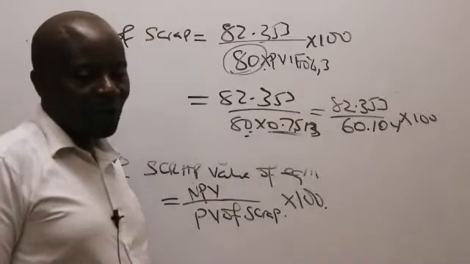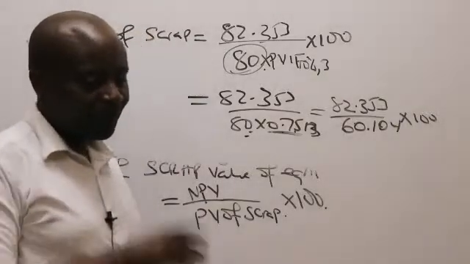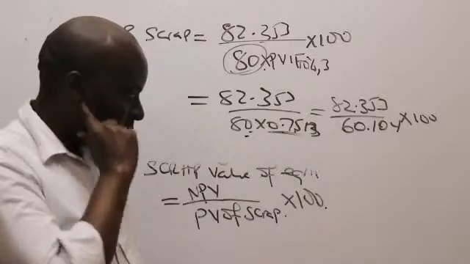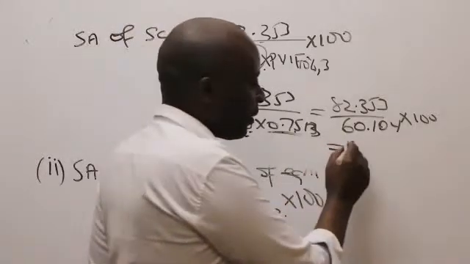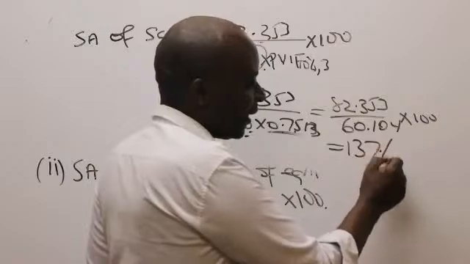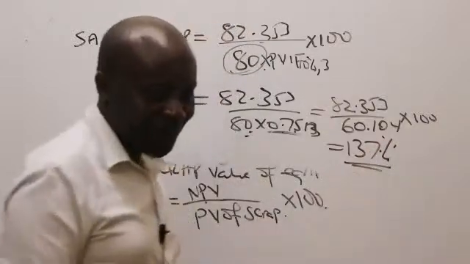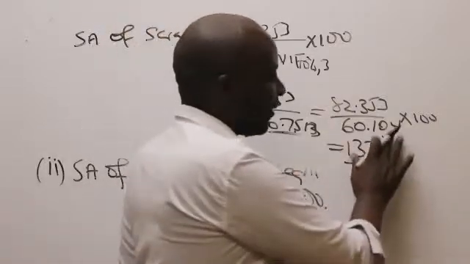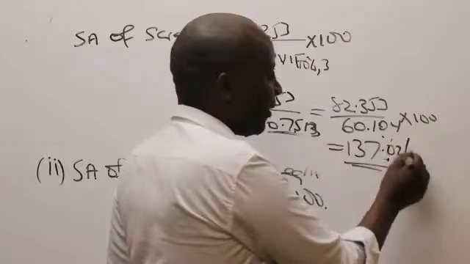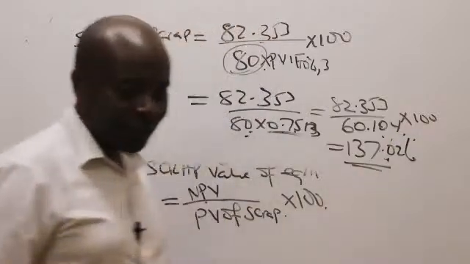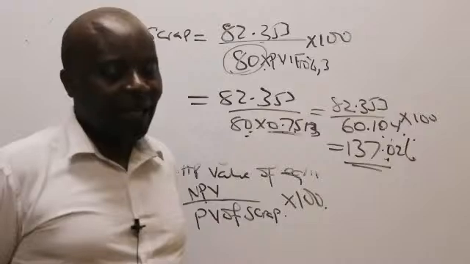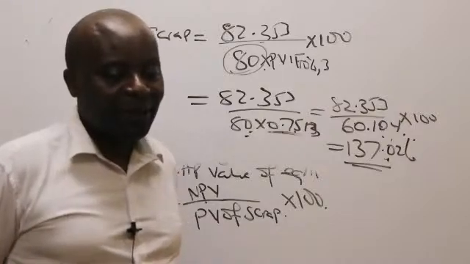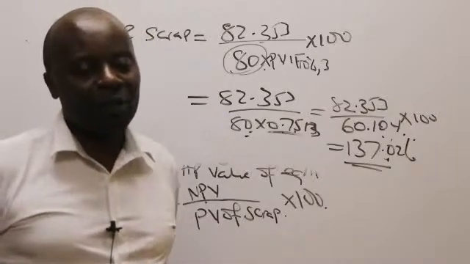Which will end up giving me what figure? 137%. Is there anybody who is able to confirm this figure of 137%? 0.02, yes, it's good to be precise. Thank you very much. Elias has been able to confirm.